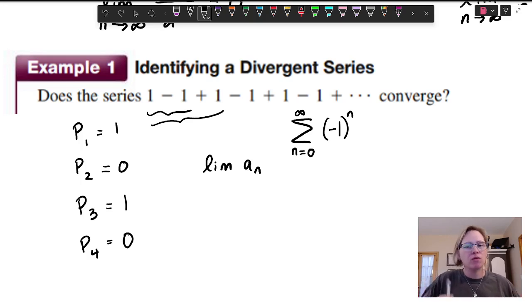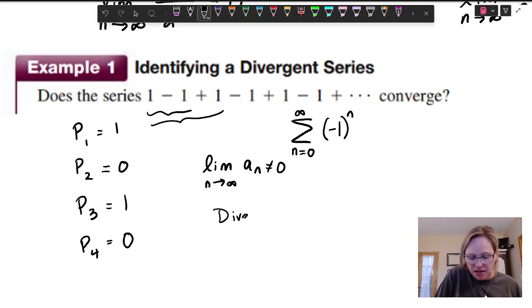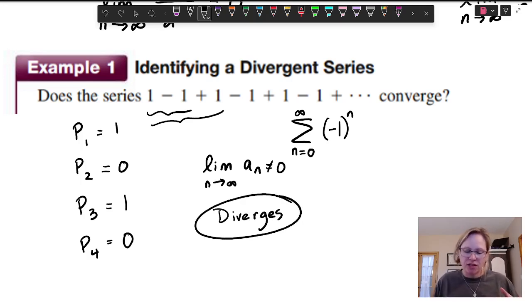When n is an even power, it'll create those plus 1s. When n is an odd power, it'll create those negative 1s. Well, this limit really can't be determined. It actually doesn't exist. But the whole idea here is that this limit is not equal to 0. Therefore, we can say that the series will 100% diverge. In other words, we're never going to converge to a single sum.